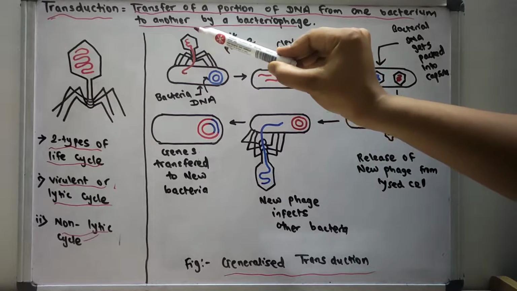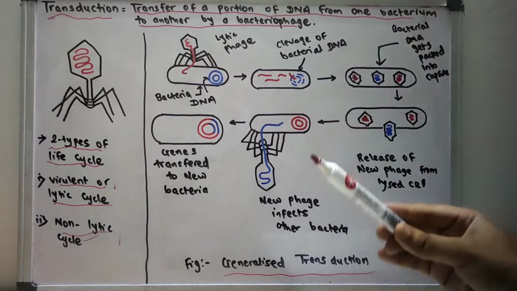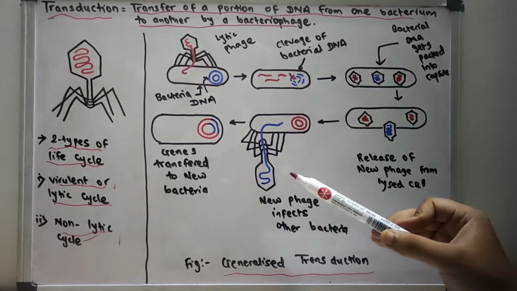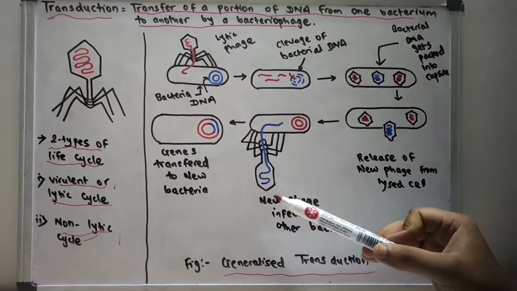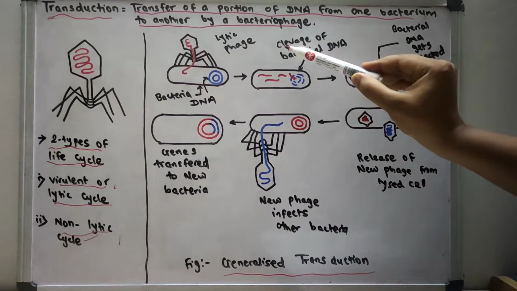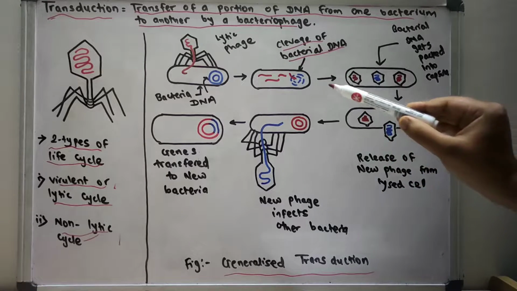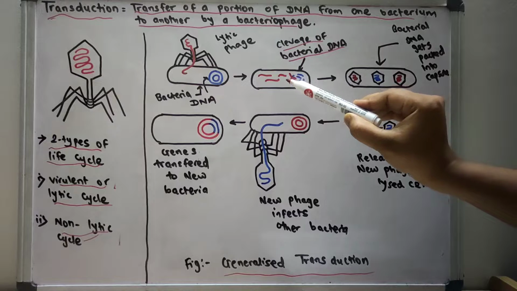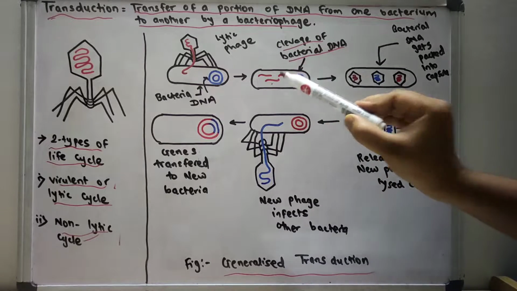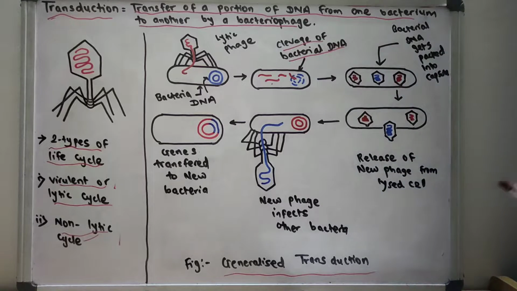The bacteriophage infects the bacterium and transfers its genetic material into it. After the lytic phase begins, there is cleavage of the bacterial DNA. After the cleavage, you can see both the viral DNA, I mean the bacteriophage DNA, and the bacterial DNA are freely floating inside the cytoplasm of the bacterium.